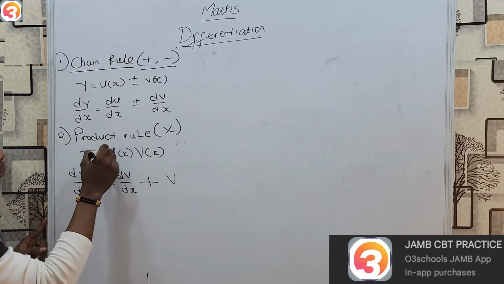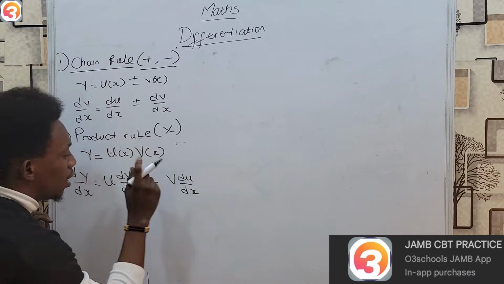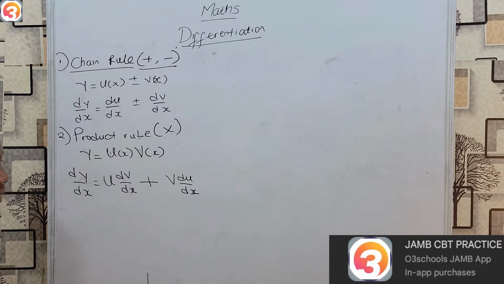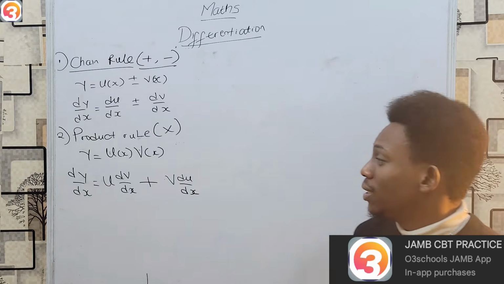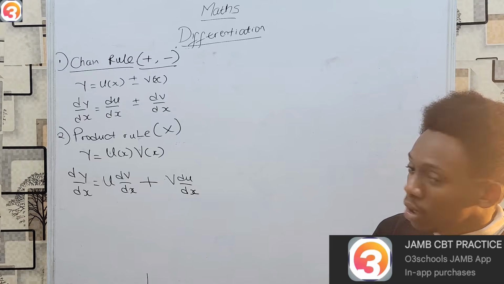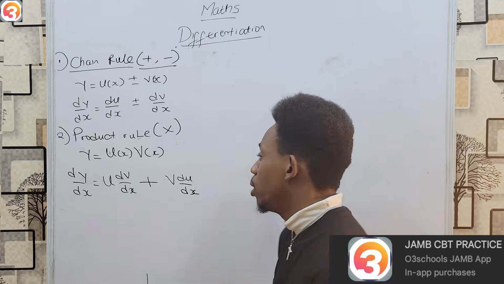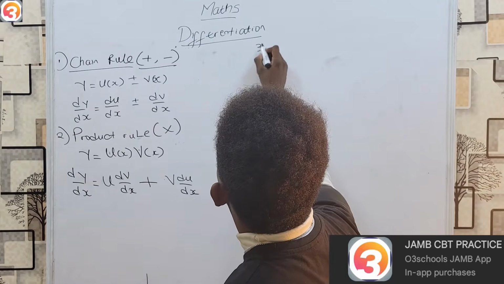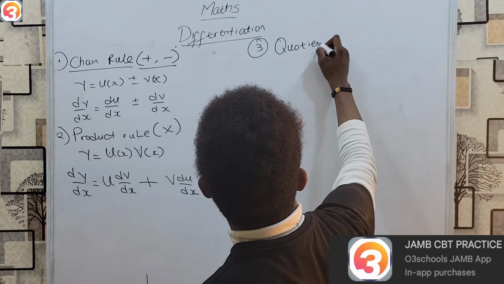When I pick v, I'm going to differentiate u. And this is how you find the derivatives for product rule. That means if two of them are multiplying each other, this is your simple method. Pick one, differentiate the other, plus pick the other, differentiate the first. Okay, next up we have quotient rule.